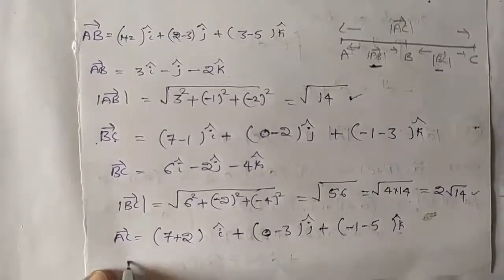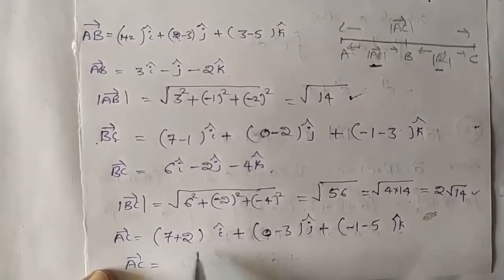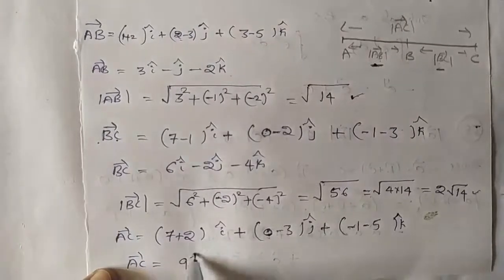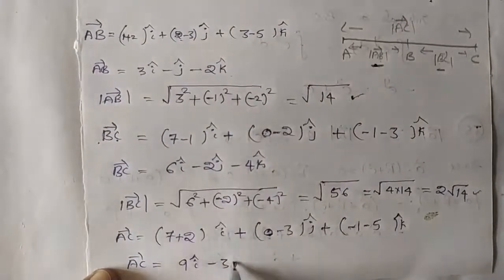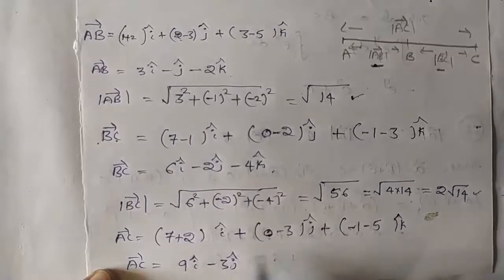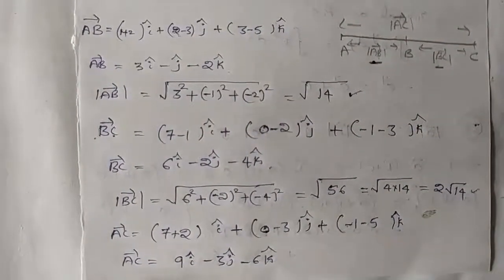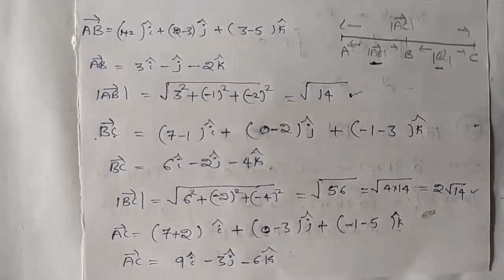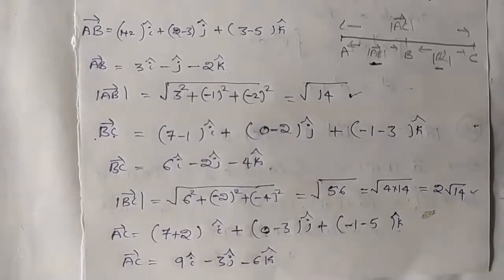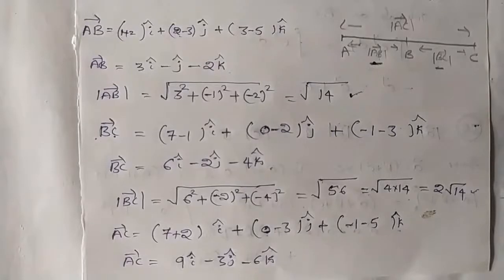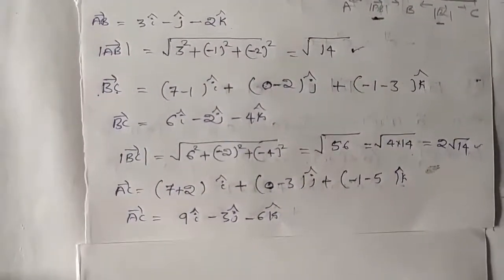Simplified, AC vector equals 7 plus 2 is 9i minus 3j minus 6k. Therefore, this is the AC vector. Now also find its magnitude.